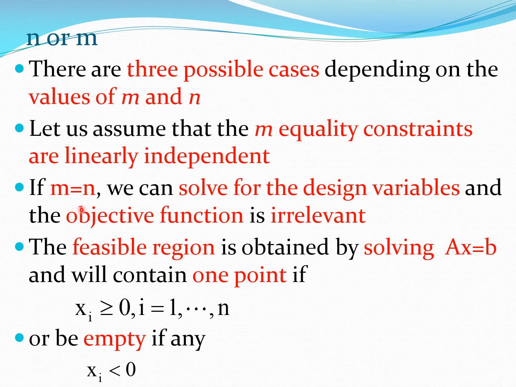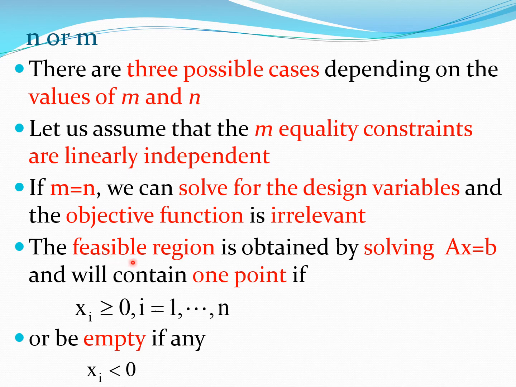Now, if m is equal to n, essentially you have a set of simultaneous equations which you can solve. And if you solve this, the objective function is not really relevant because you get the solution from this equation. This is an interesting trick problem which can be set in tests or exams for an LP, that if m is n, then the solution is simply governed by the constraints.